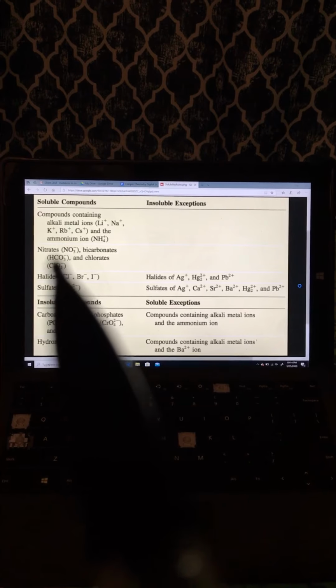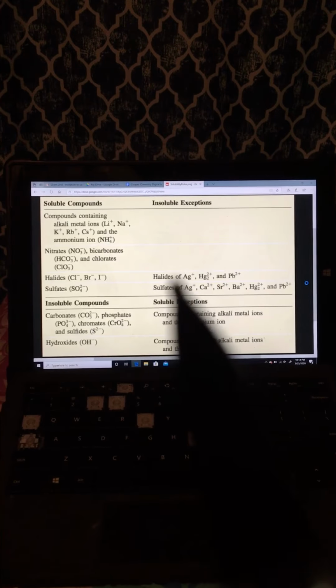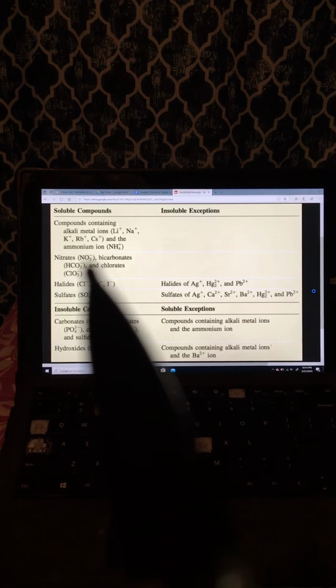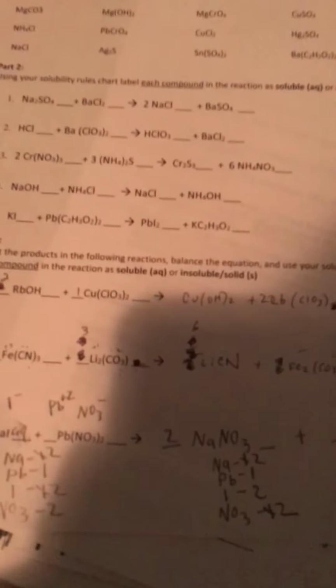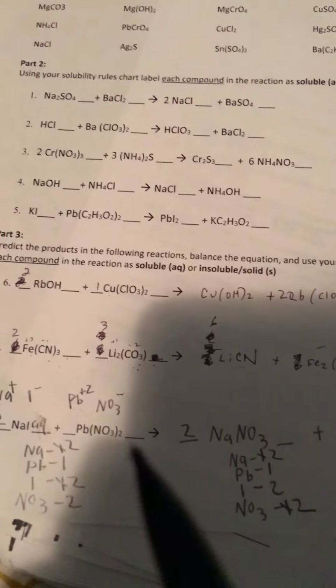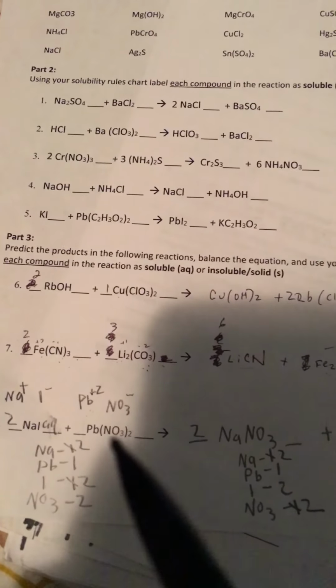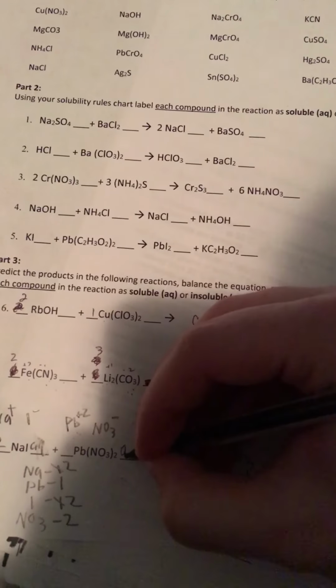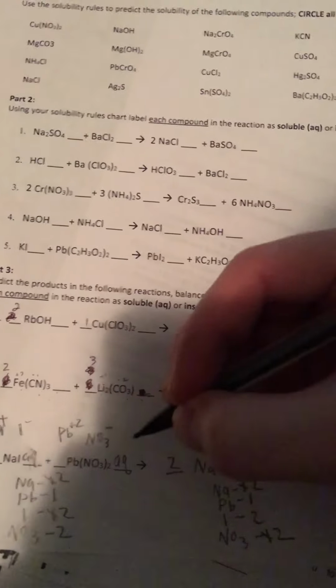If I'm looking up here, it says that nitrates are soluble compounds, and there are no exceptions to that rule. So if you see a nitrate, which we have right here, NO3, we know that this is going to be a soluble compound also. So I'm also going to put an AQ right there.